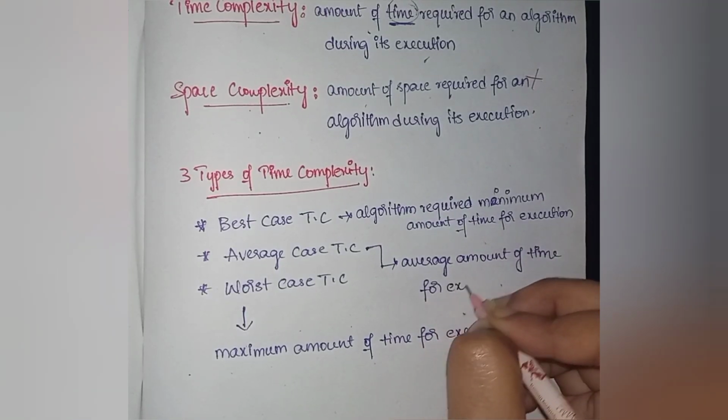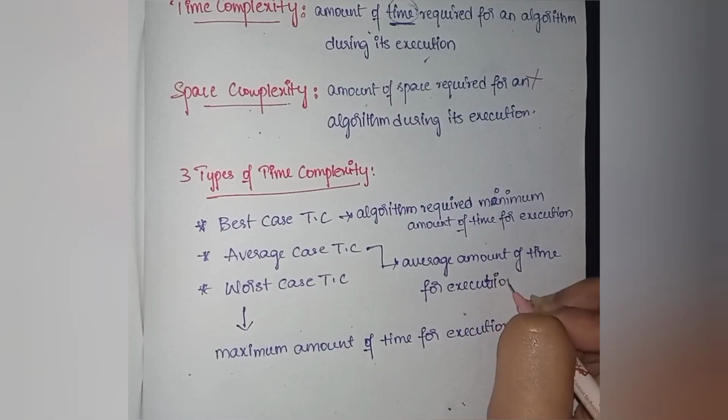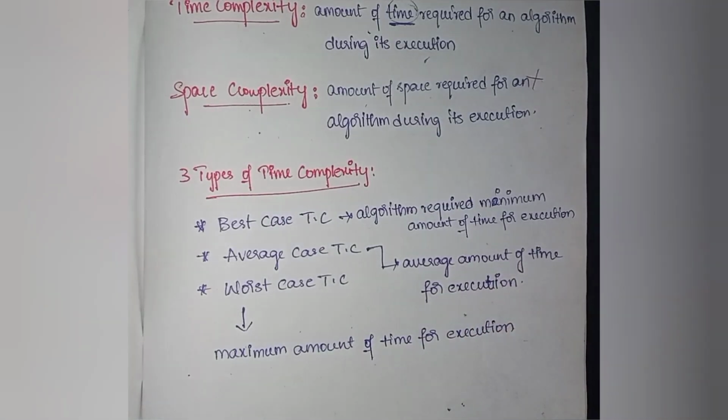So which requires this average or maximum or minimum time for execution, that is nothing but your algorithm. So the best example to understand this is linear search.